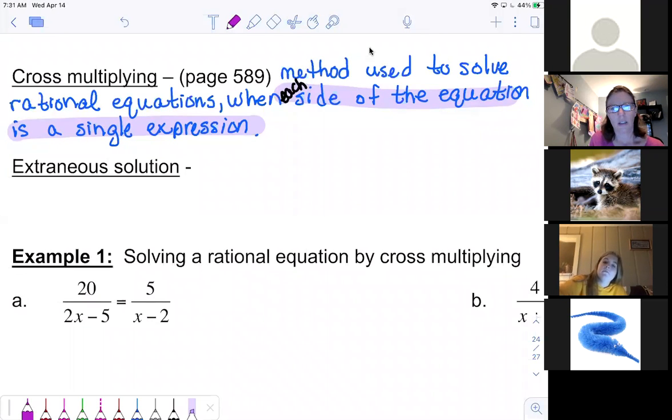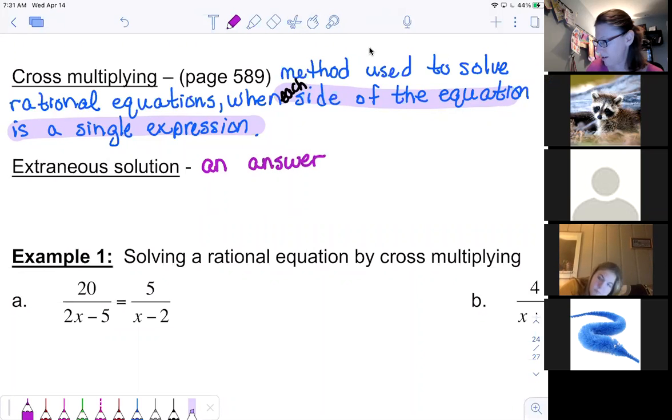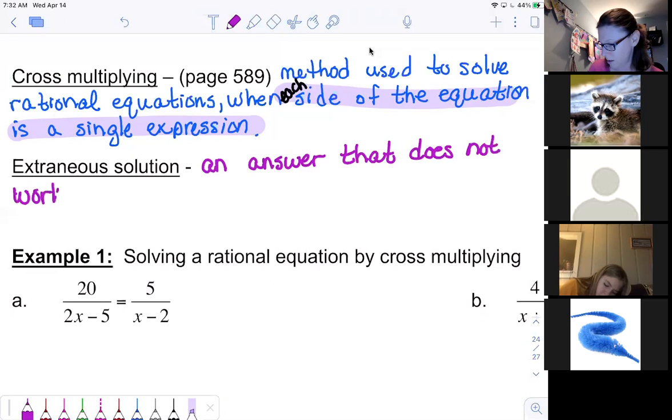Isn't it when you get an answer, but if you put it back into the problem, it doesn't work out? Yeah, nice. So she said you get an answer, and sometimes you get two answers and one of them doesn't work. Sometimes you get one answer and that answer doesn't work. So an answer that does not work when substituted into the original problem.